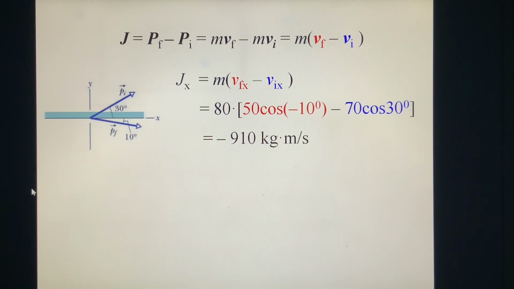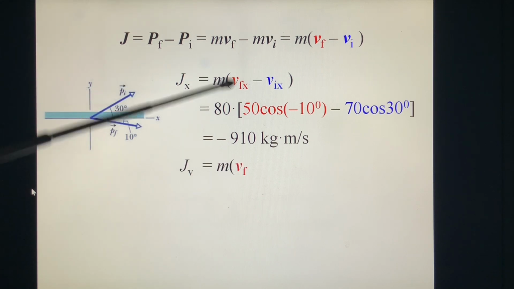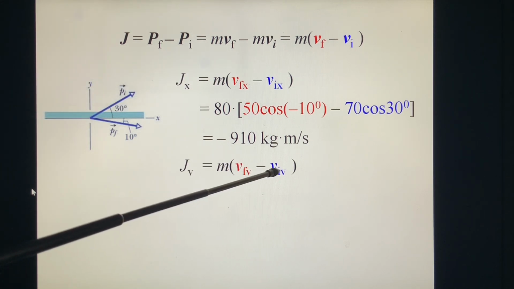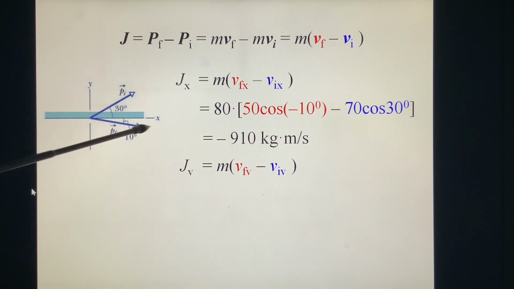Also, we have to find J_y because we're going to find J. J_y equals m times (v final y minus v initial y). Now, v final y is negative, and v initial y is upward, positive.